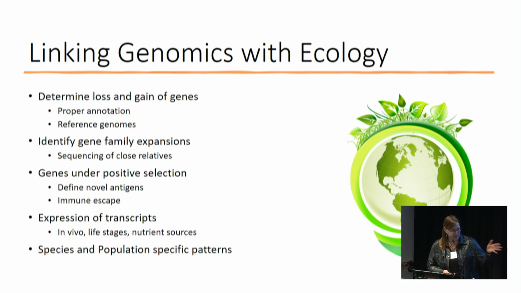There's a lot of work, and I think Dr. Sil will talk about that in terms of looking at transcript expression, and what those genes are actually turning into in terms of mRNA and then protein, and how that informs us about how the organism is able to switch between those different life stages, right? So how many arthroconidia can it make?